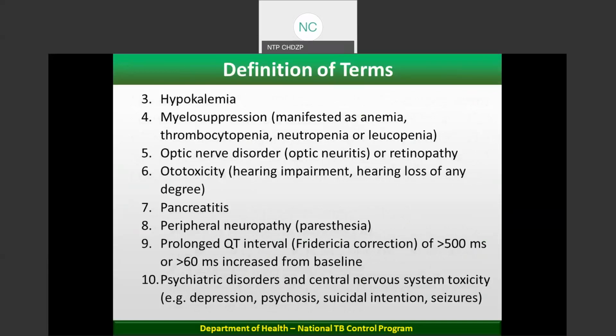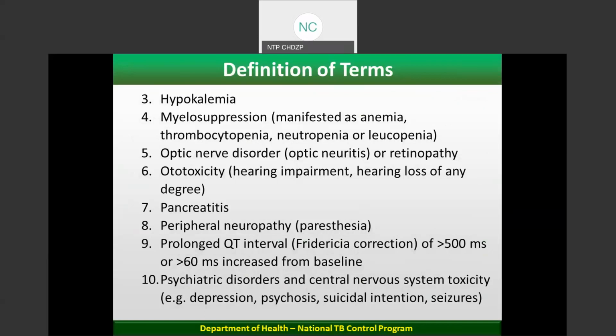Okay. It also includes hypokalemia, myelosuppression, as manifested as anemia, thrombocytopenia, neutropenia, and leukocytopenia. Also includes optic nerve disorder called optic neuritis or retinopathy. Also ototoxicity, which includes hearing impairment and loss of any degree.